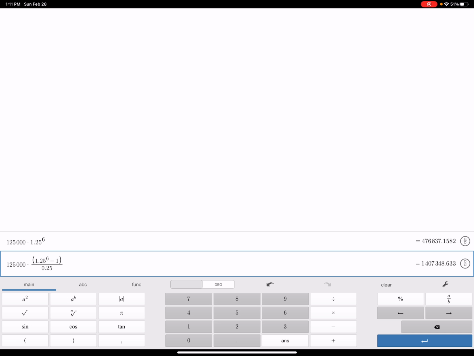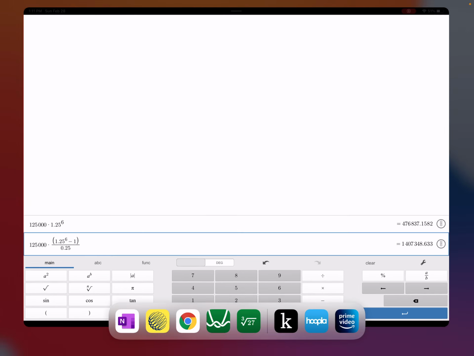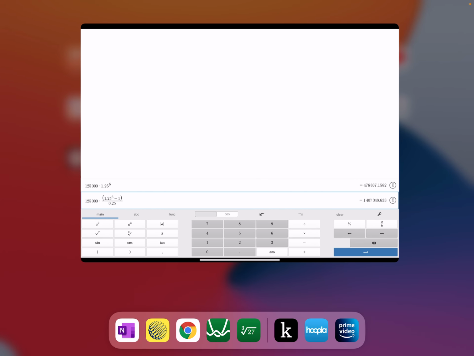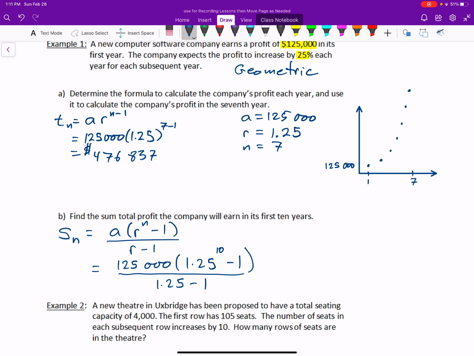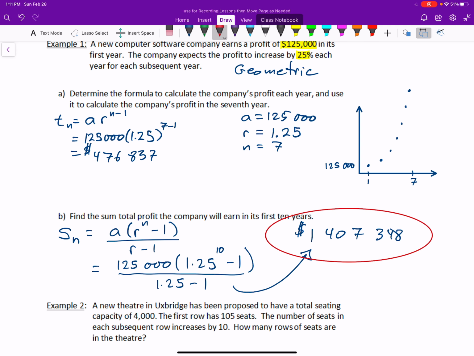I can expect more in the 8th year and the 9th year and the 10th year. The majority of the profit comes from the last years of the sequence. 1,407,348. So that would be the sum for the first 10 years.